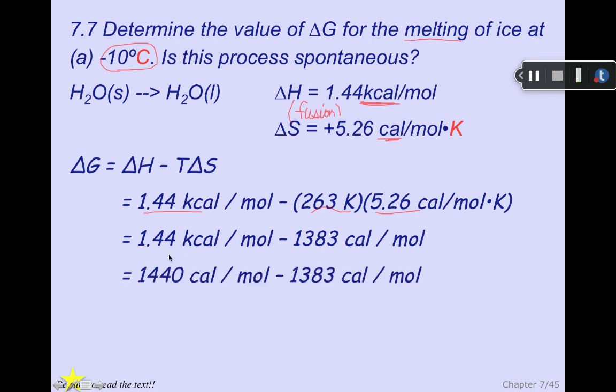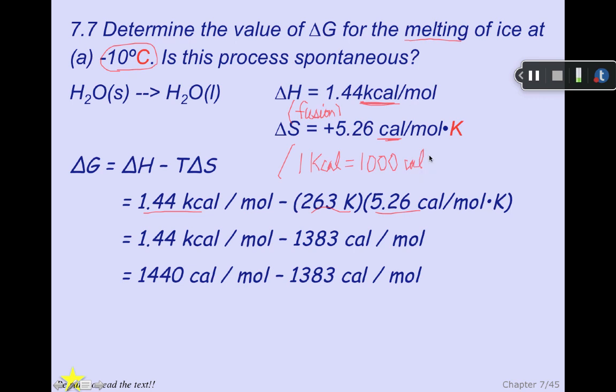So let's think of the kilocalories in terms of calories. If you have 1.44 kilocalories, it's 1,440 calories. And remembering that 1 kilocalorie is going to be the same thing as 1,000 calories. Kilo, anything is always 1,000 of something, or 10 to the third. Most of you will prefer to think of this in terms of 1,000, I suspect.